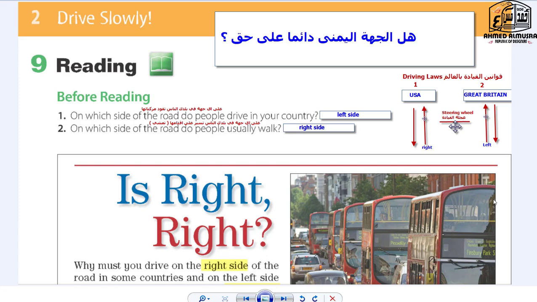Reading out of Unit 2, Drive Slowly, for the 3rd grade level, 2nd semester. Okay, open your book, page 18 and 19. Reading task. We are going to have those highlighted words.